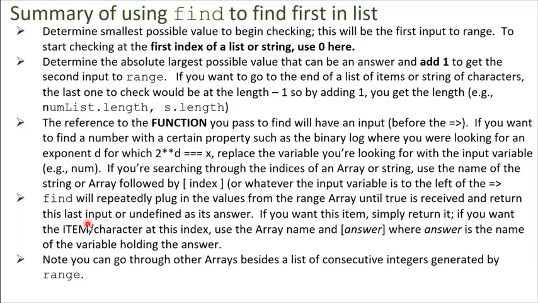But if you want the item or character at this index, like you wanted the item at the index when you were finding the first positive, use the array name, so like numList, and then put the variable that's storing the output from find in the brackets, right?